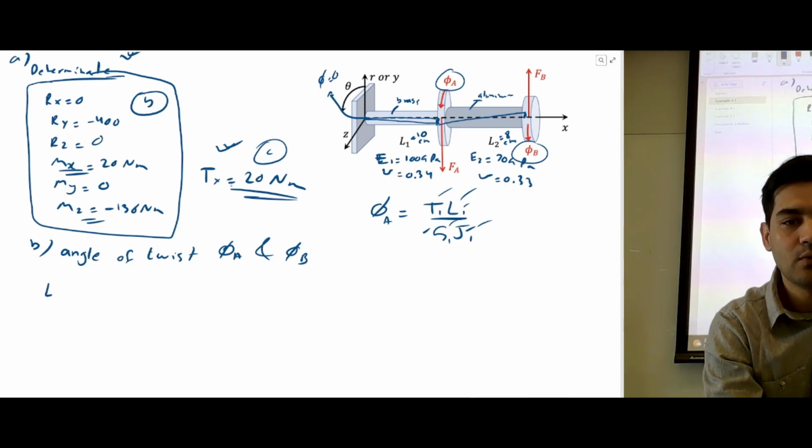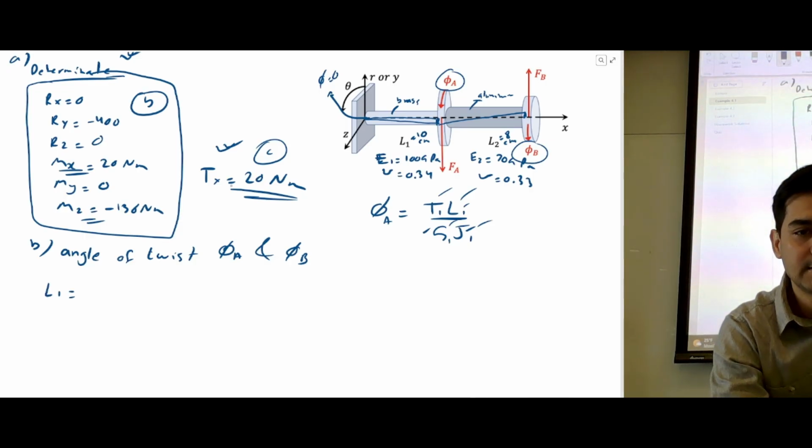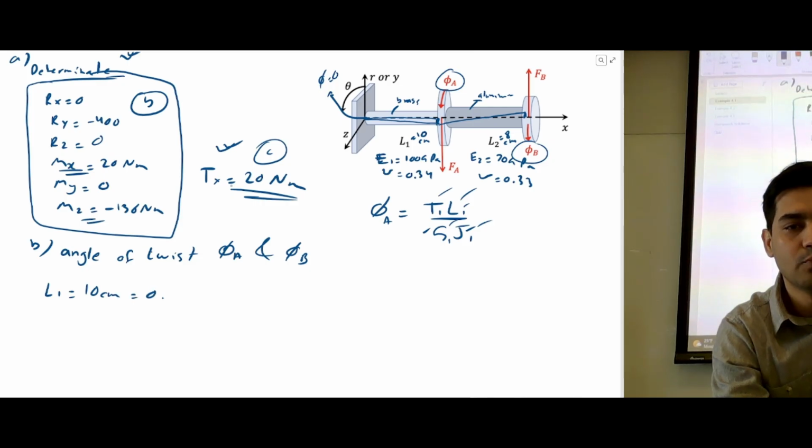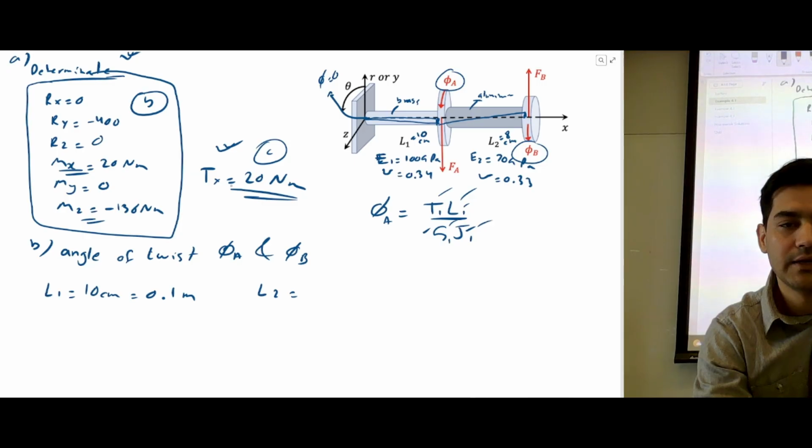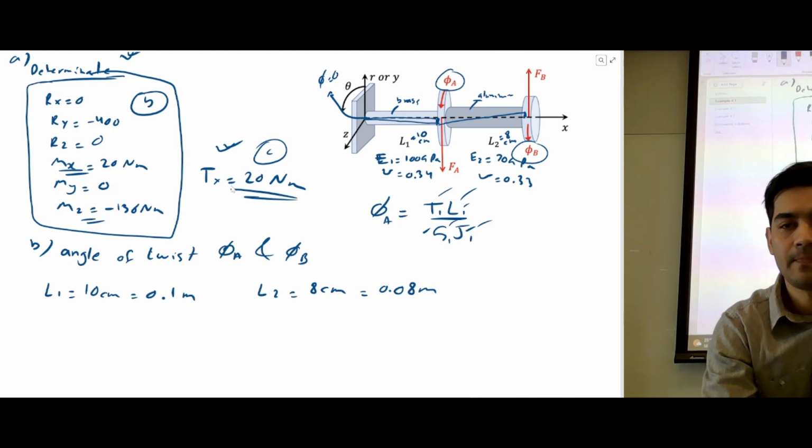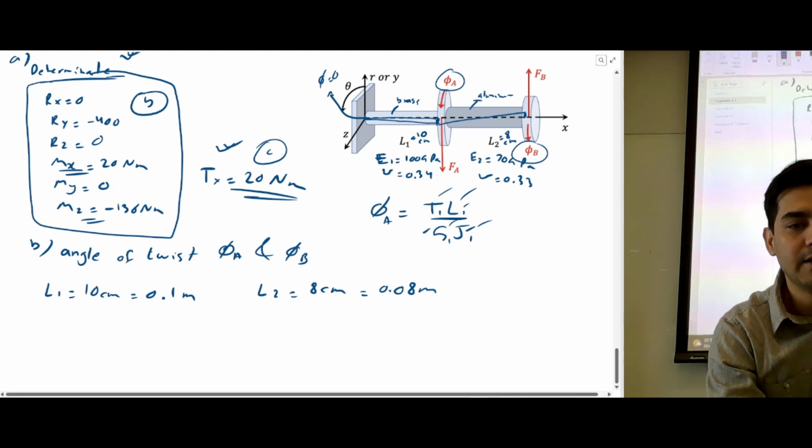L1 is 10 centimeter, which is 0.1 meter. What is L2? L2 is 8 centimeter, which is 0.08 meter.